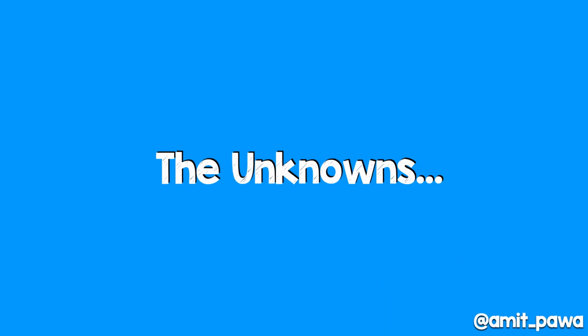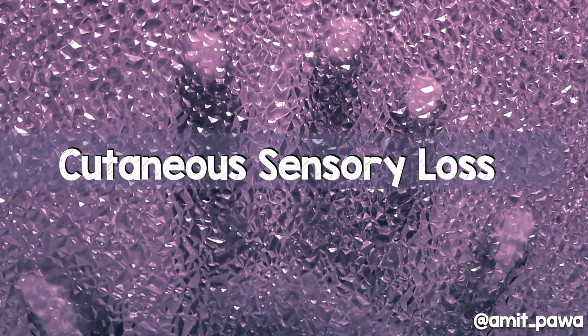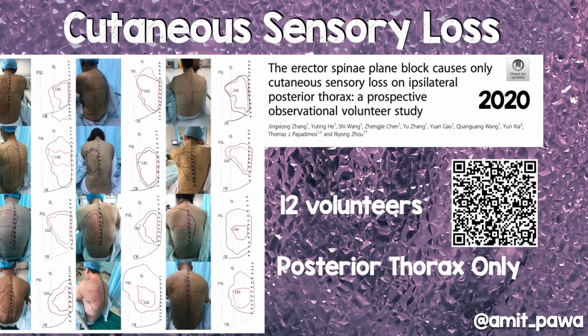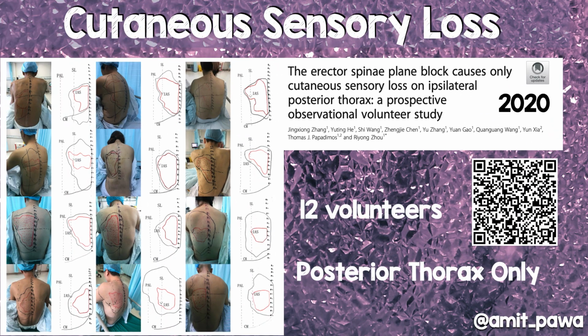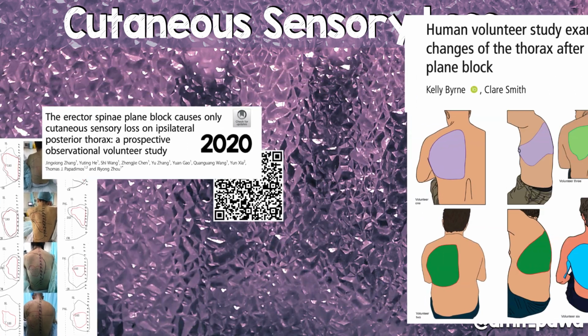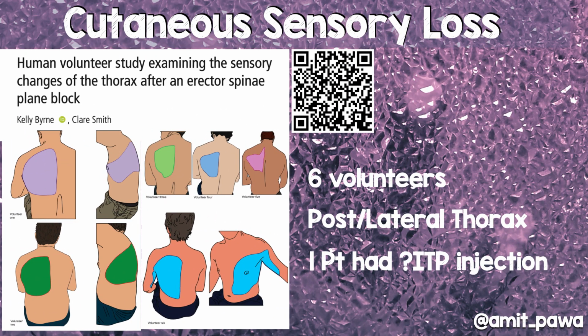The other thing that's unknown is what the cutaneous sensory loss will be like. That's because if we look at some of the studies here, here's one study, they took 12 volunteers, admittedly they hadn't had surgery, and did a whole host of ESP blocks, and they only got dermatomal loss of sensation on the posterior thorax. And here's another study, again this QR code will take you there.